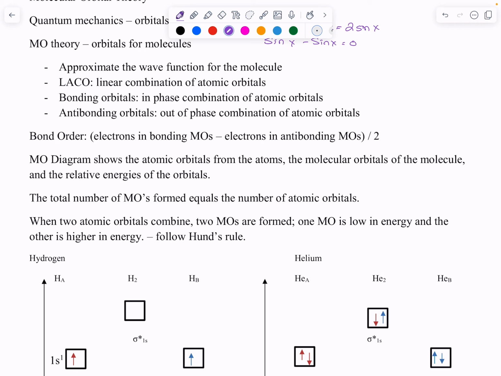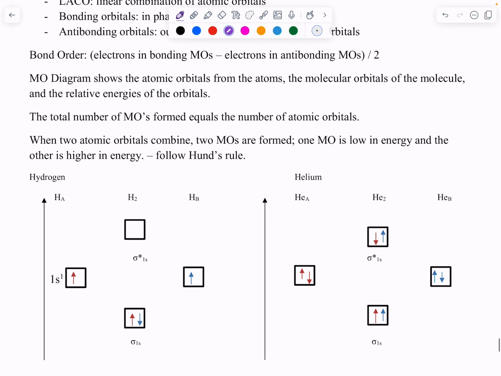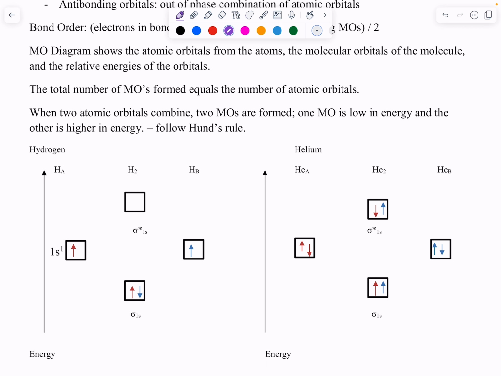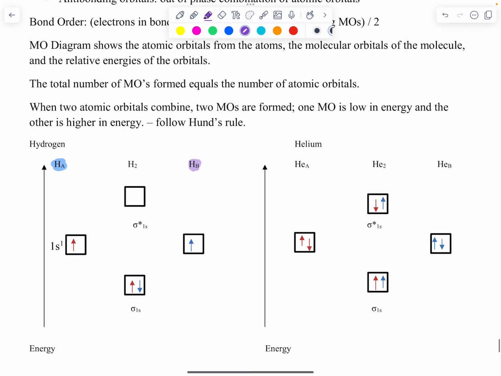All right. And so if we look at this, I already made them for you. You got a hydrogen, and I'm going to make the hydrogen highlight. You got the blue hydrogen and you got the purple hydrogen, all right. There's one S is all we have.